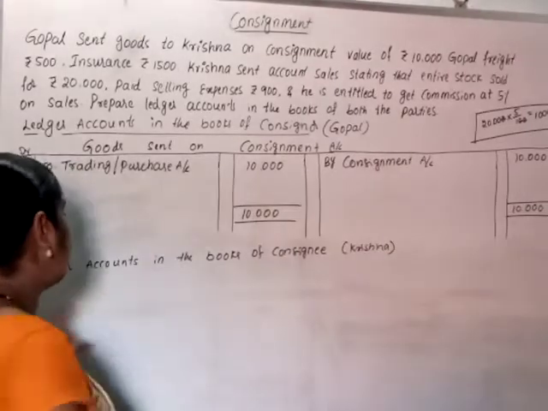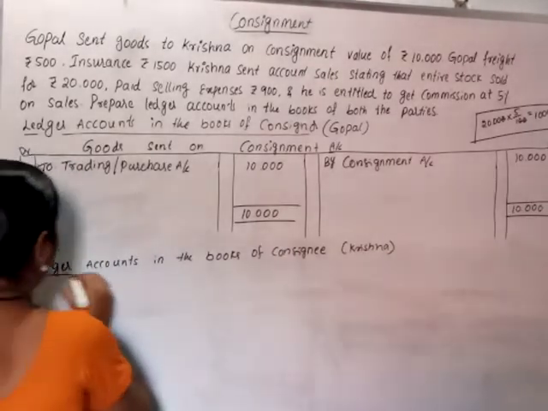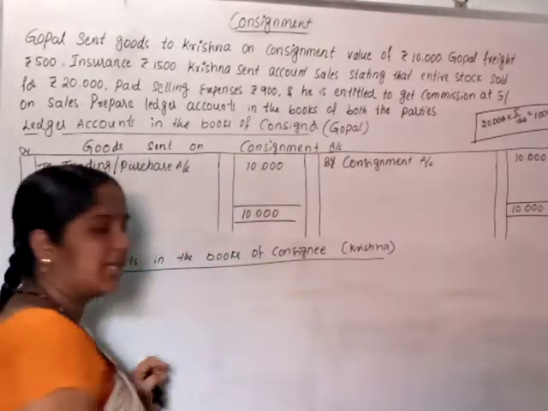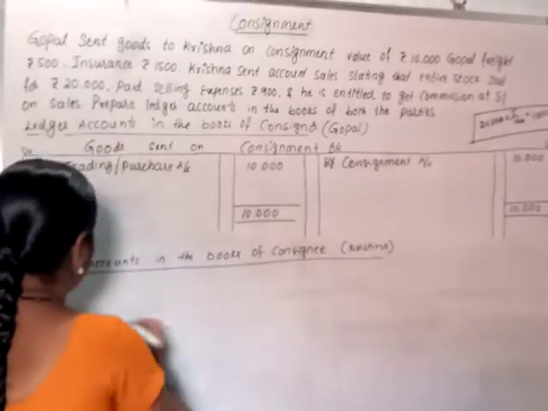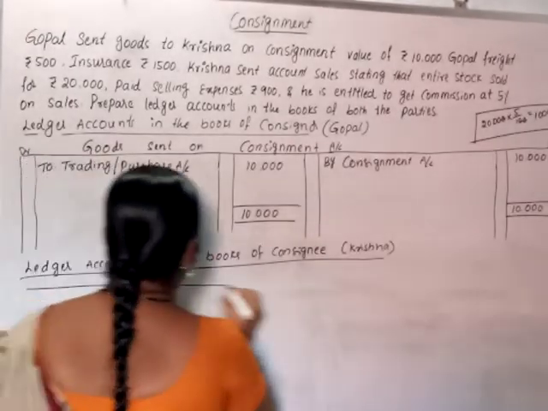So in the books of Krishna, we have to open only one ledger account. Which account is that? Consignor account. So draw the consignor account format.